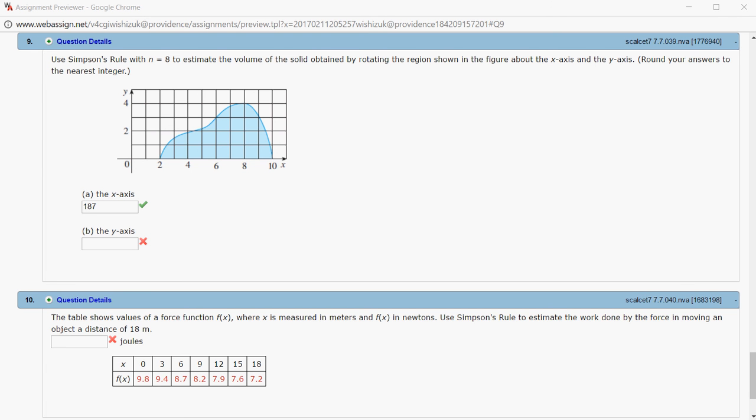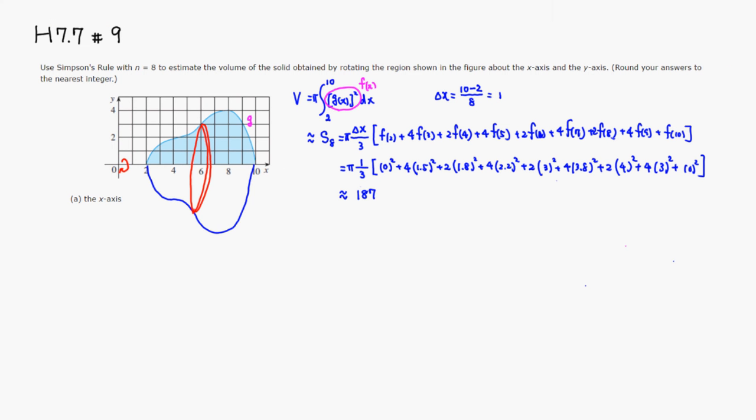Part B is very similar, but we have to rotate about the y-axis. In this case, we're going to have to use the shell method. It's going to look kind of like this. Then you rotate about the y-axis.